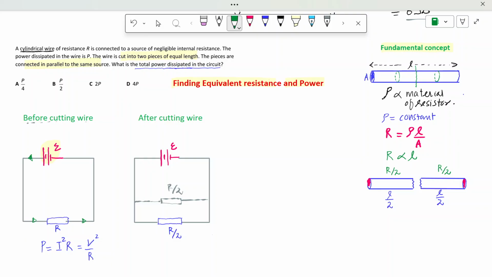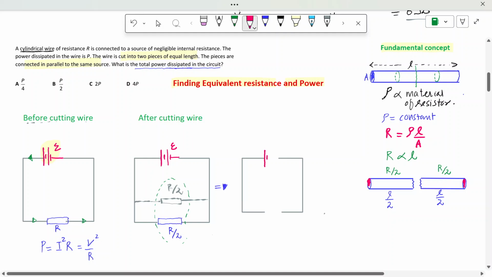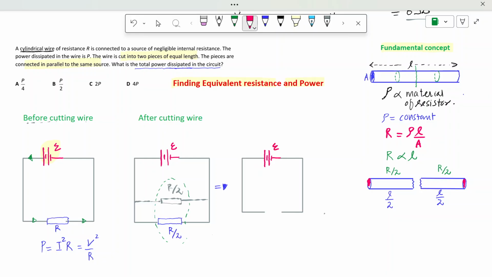Now, for this circuit, first of all, we need to calculate the parallel equivalent. The parallel will be R over 4. I can tell you without calculation, because if the two resistances are identical, you can just halve one of them. So this is now a more simplified circuit.